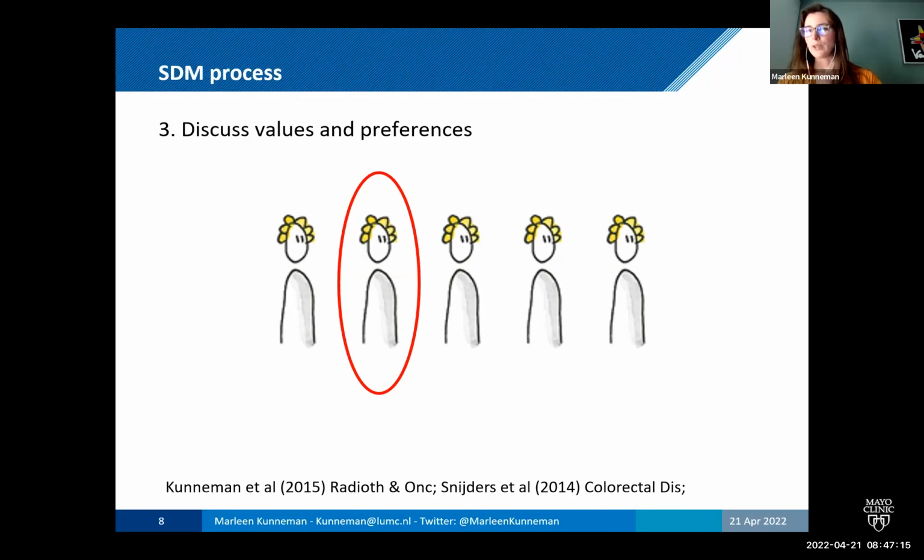When you look at values regarding pros and cons of options, we see that 1 of every 10 patients indicates, I would like to prevent experiencing fecal incontinence or sexual dysfunction as a consequence of my treatment. And in most cases, this was at the initiative of the patient. So about 15% of the cases were prompted by the clinician.